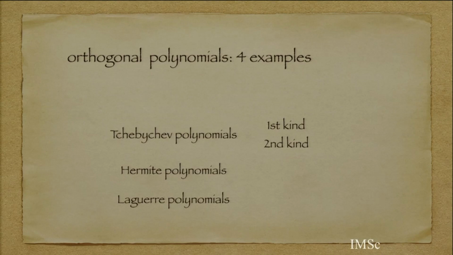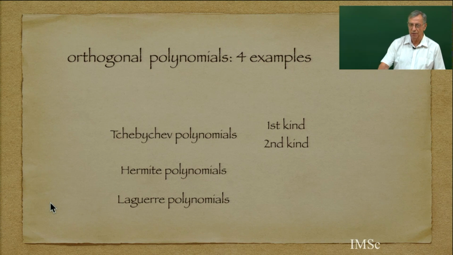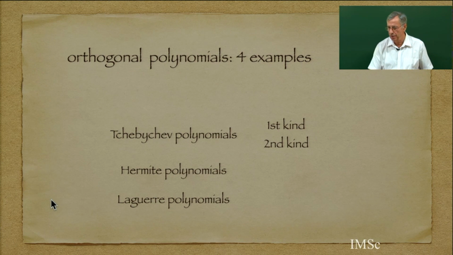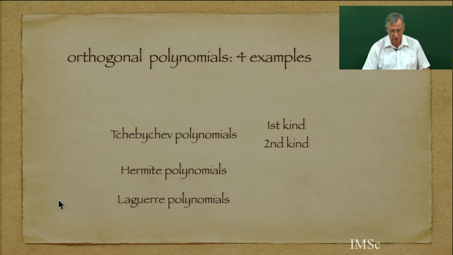So today we will start from an elementary point of view. We'll start with 4 examples of orthogonal polynomial. It will be the Chebyshev first and second kind, and we'll work with the Hermite polynomial and the Laguerre polynomial for alpha equals 0, no parameter.